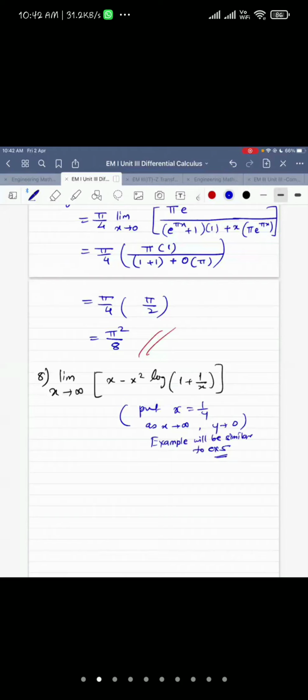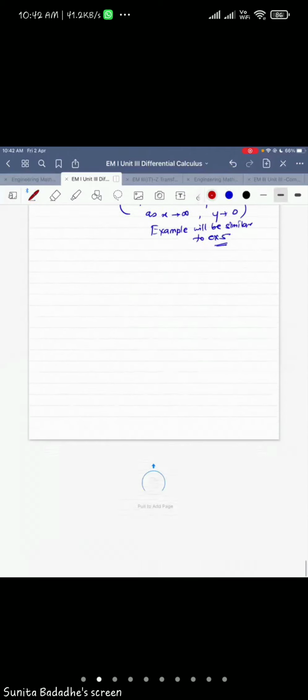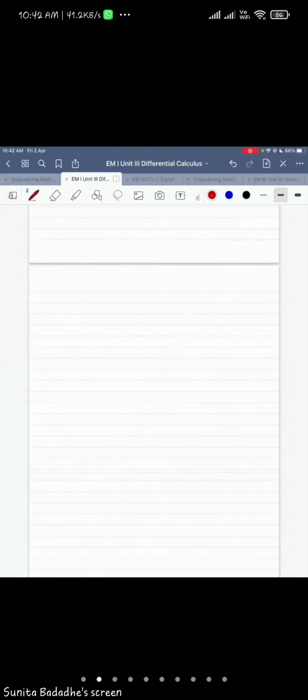Now let us start the last form, that is the exponential form. Now all the exponential forms together, I'll take, as the procedure to solve all the exponential forms is the same. Okay. So let me start with the exponential forms.